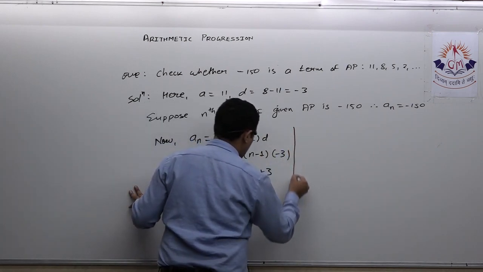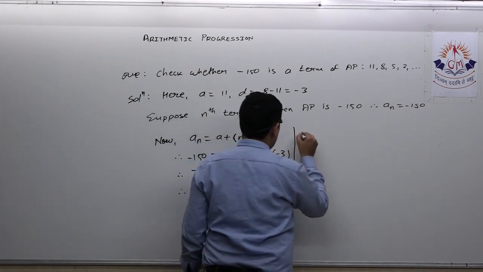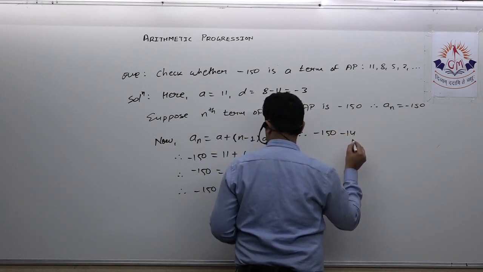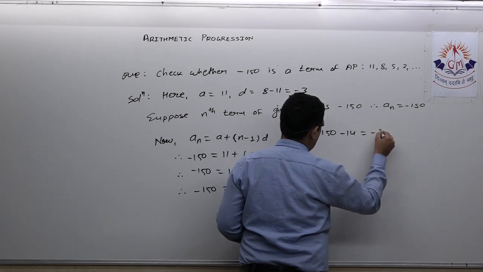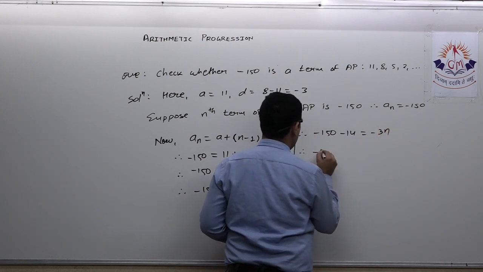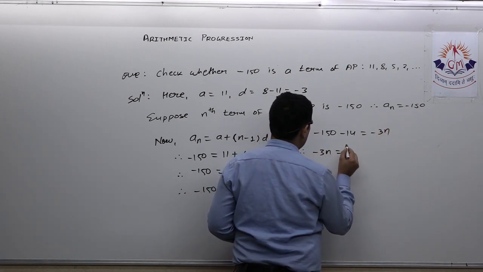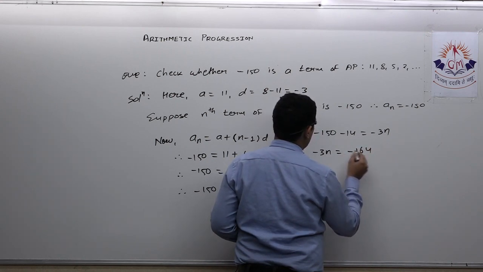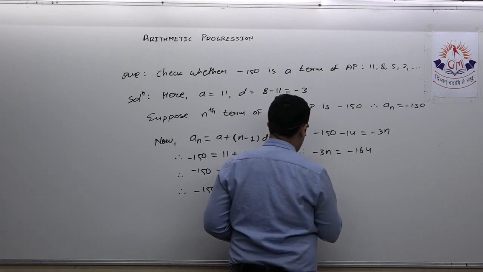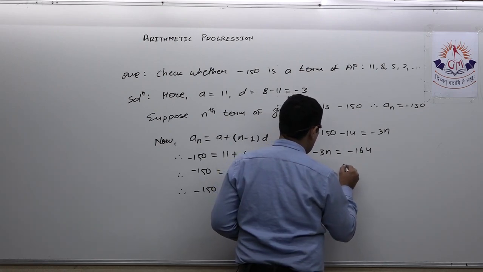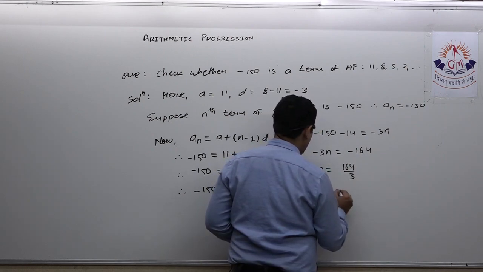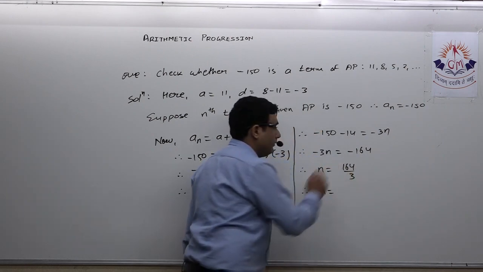Further solving, minus 150 minus 14 is equal to minus 3n. So minus 3n is equal to minus 164. So n is equal to 164 upon 3. So n is definitely not a natural number.